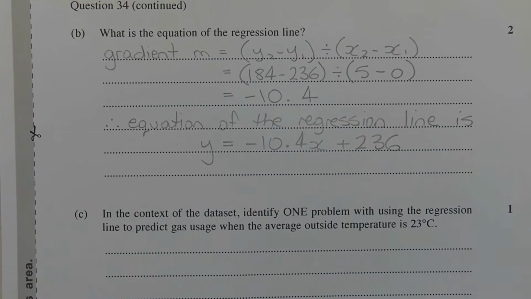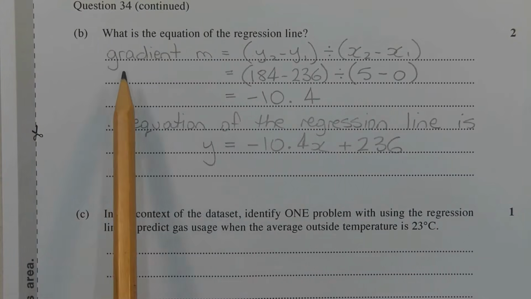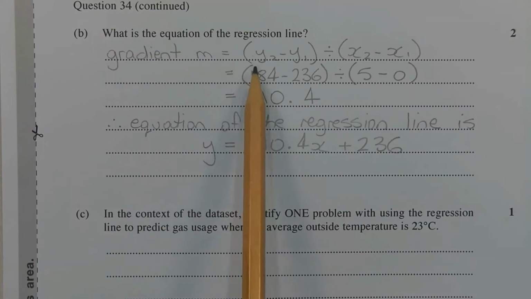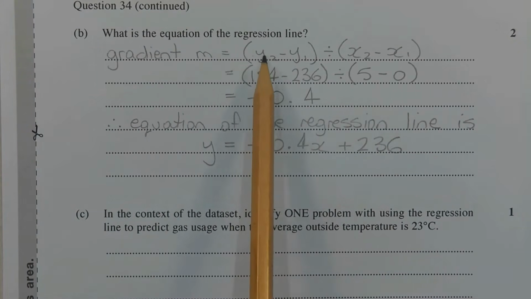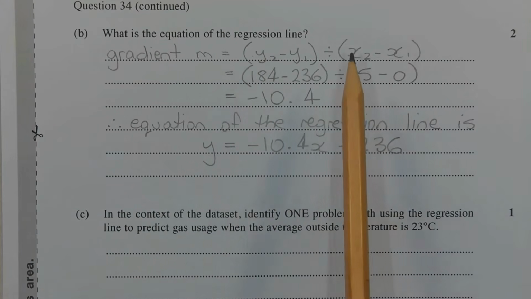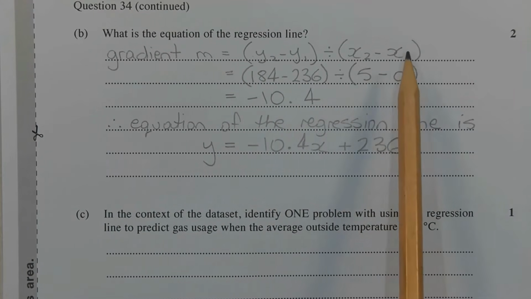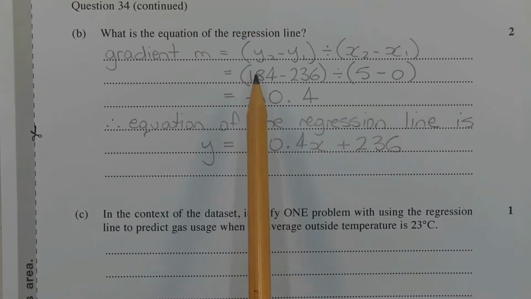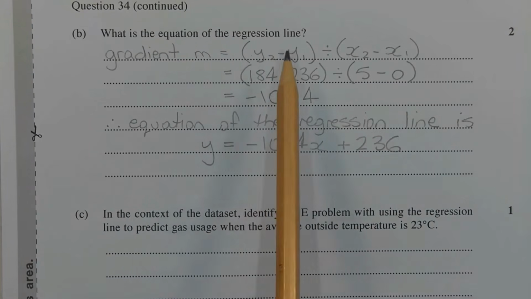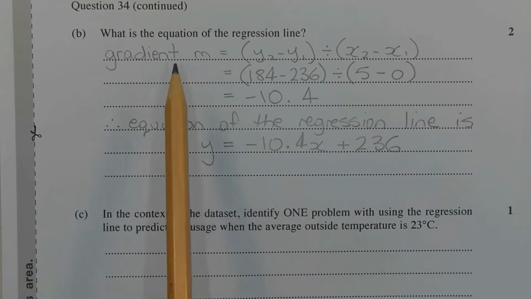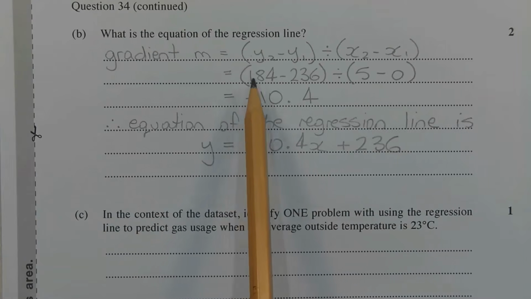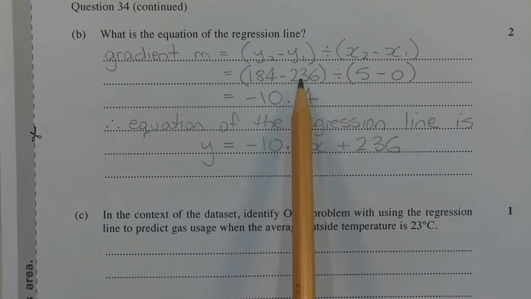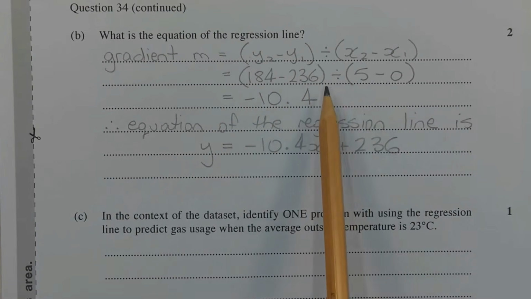So using the 2-point formula, the gradient m is equal to y2 minus y1 in brackets, so that represents the rise, divided by x2 minus x1, which represents the run. And substituting the respective values for y2, y1, x2, x1, we get gradient m is equal to 184 minus 236 in brackets, divided by 5 minus 0.